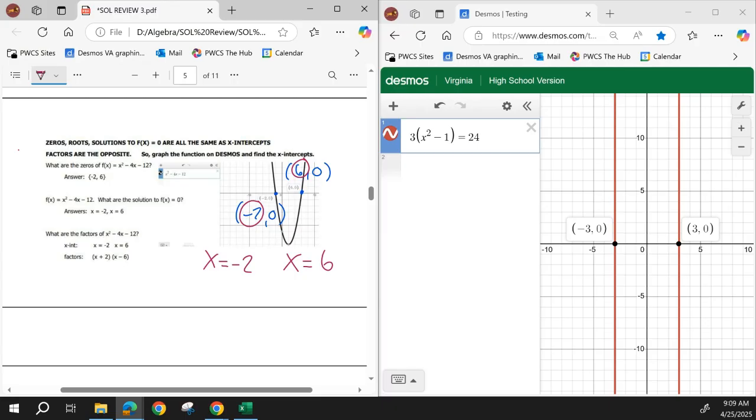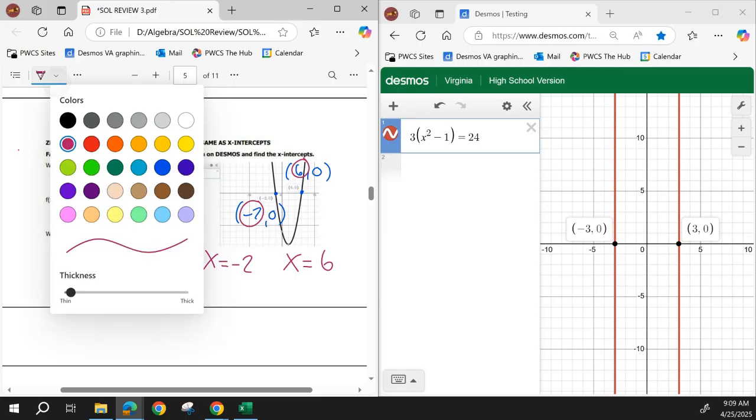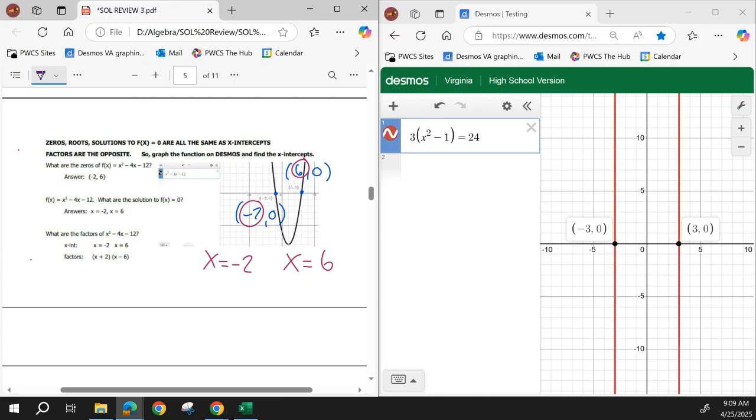So we would do the opposite of what we did at the beginning of the year when we were solving equations. We're going to try and get the number over on the same side as the letter. And so we would move -2 over, and it would become +2. We'd move the +6 over, and it would become -6. And then we put some parentheses around them, and we have factors.